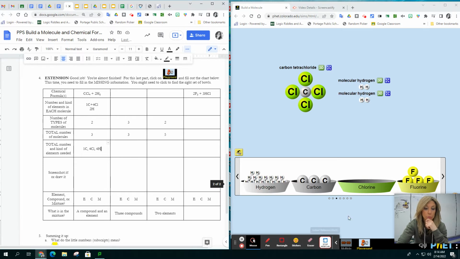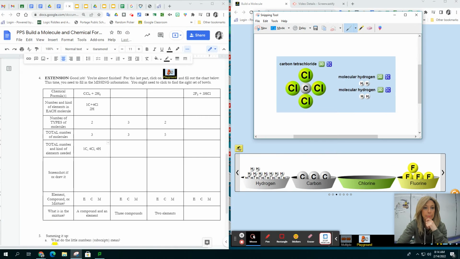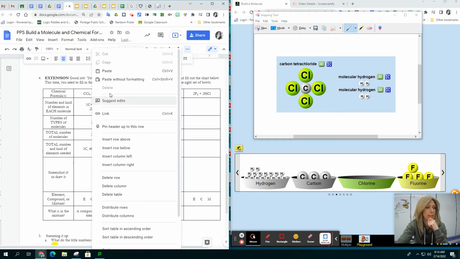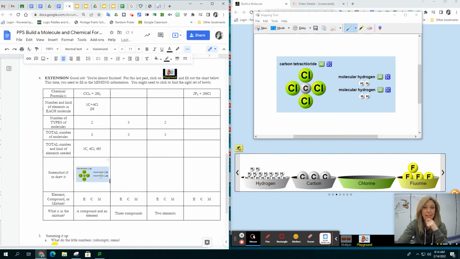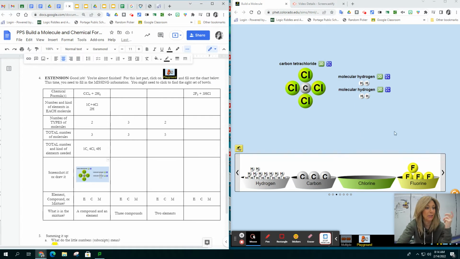Now I'm going to screenshot it. Okay, and copy it, place it here. Okay, so I have either an element, or I have, in this picture, a compound, or do I have a mixture?